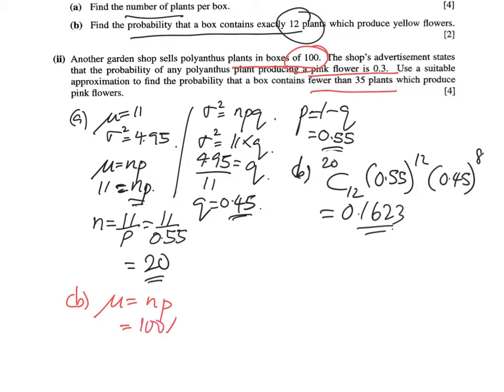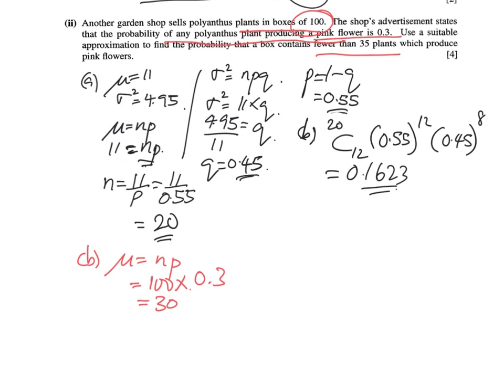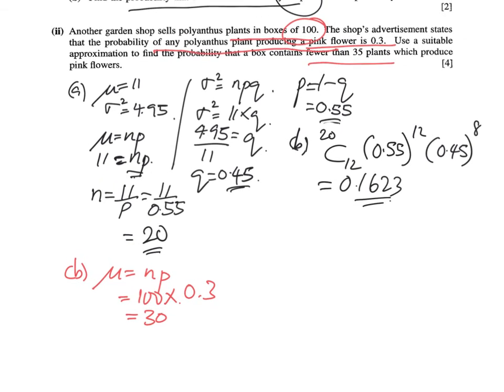So 100 times p. In this case p is 0.3, not 0.5, because the probability of any polyanthus plant producing a pink flower is 0.3. So here we have 30 as our mu.